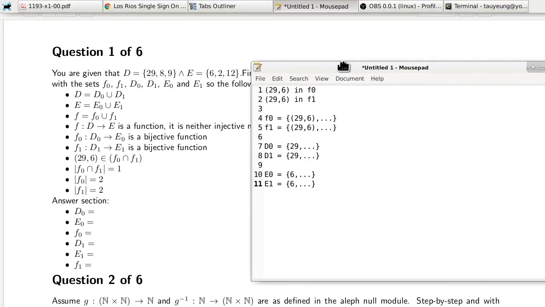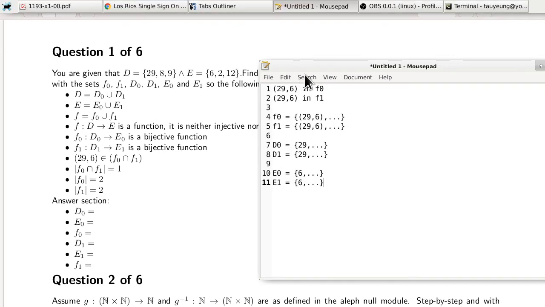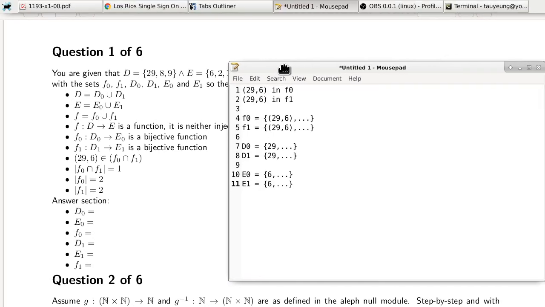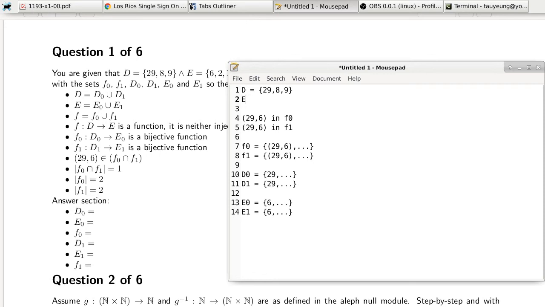The other thing I told you to do is remove one of the elements in E, except for 6. In this case, let's say we take 12 out, so E only has 6 and 2. Let me write that down: D has exactly 29, 8, 9, and E has exactly 6 and 2.